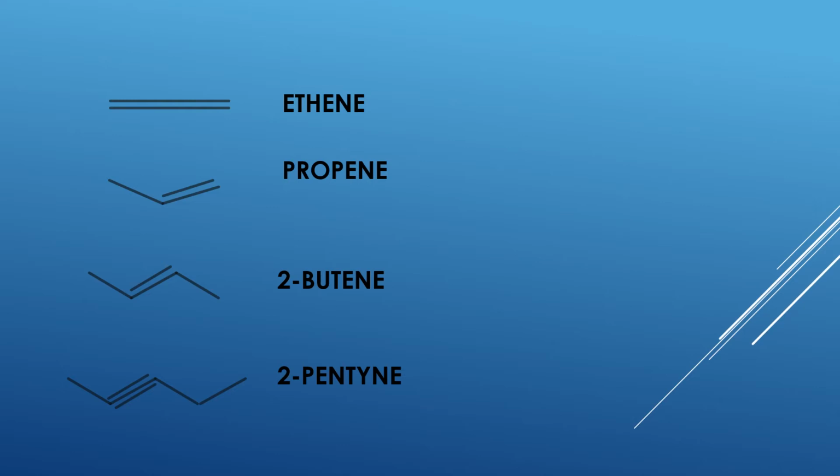If the triple bond is present between the third and fourth carbons, can we write that as 3-pentyne? 3-pentyne is not possible, children. If I am writing in this form, altogether 5 carbons are there, and I write the triple bond here.